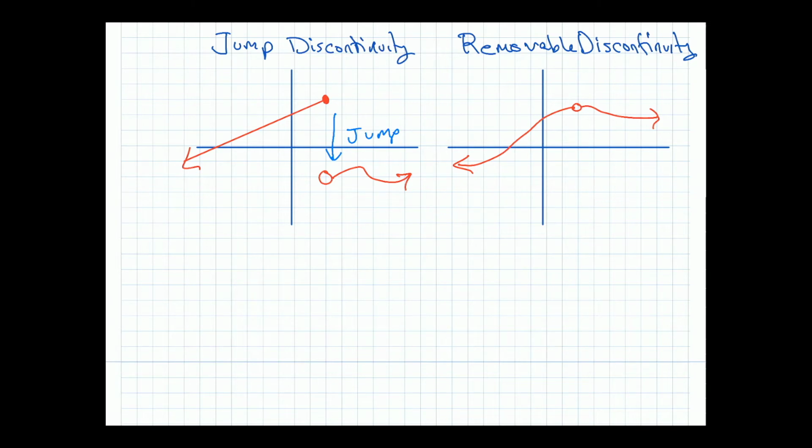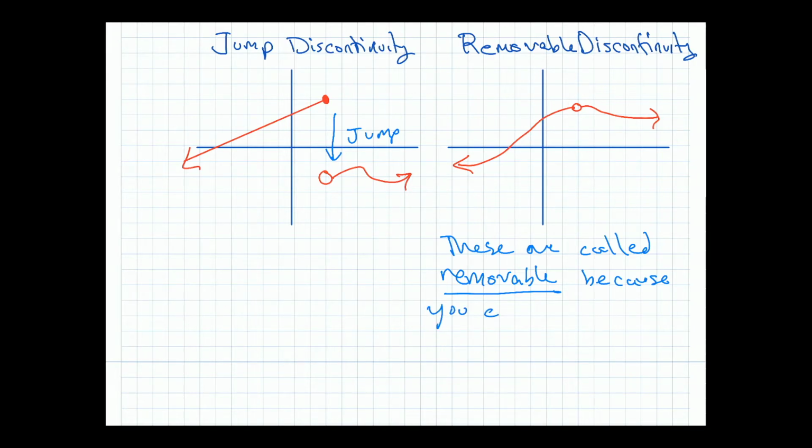Now, a removable discontinuity is called removable because there's a way to fix it. These are called removable because you can remove the discontinuity.